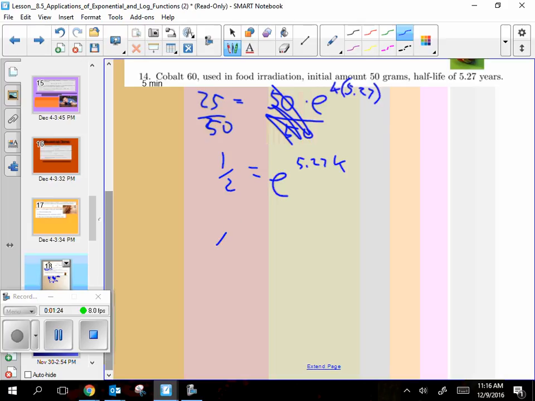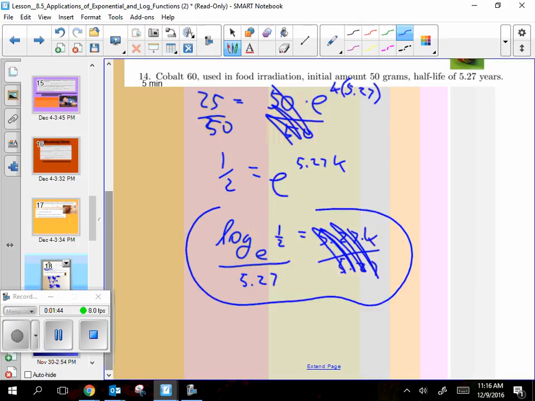I'm going to rewrite this as a log base e of a half equals 5.27k, and then to get the 5.27 off of there, it's just a multiply, so I divide both sides by 5.27. They can say 1 over 5.27 in front if they want. Final answer, k is that. That's the second 1 point that I want you to check for. I have that. So far they've got 2 out of 2 then.